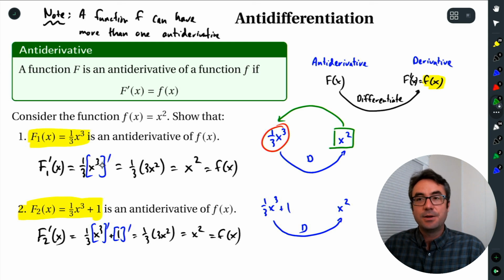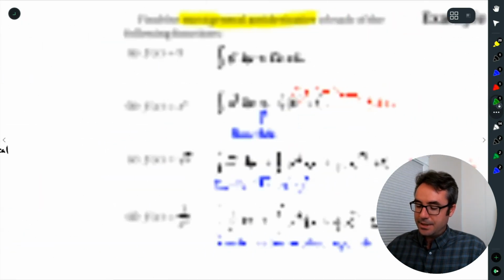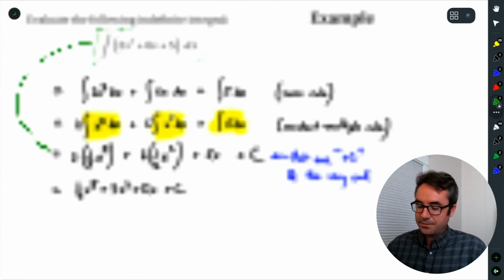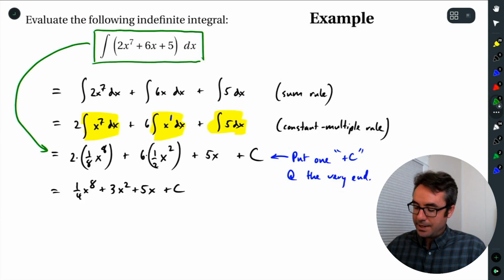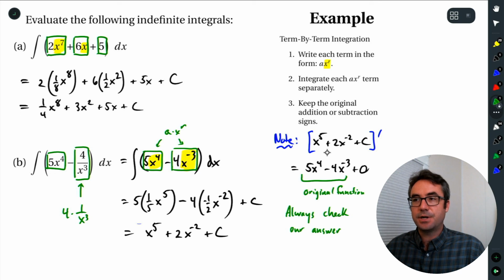How did we check it? Well, we took that 1/3 x cubed, we differentiated it, and got x squared. We also checked 1/3 x cubed plus 1, differentiated that, and saw we also got x squared. So that's all we're doing in this last example: we're using differentiation as a way to check our answer. We start with our answer, differentiate, and see that we get back the original function.